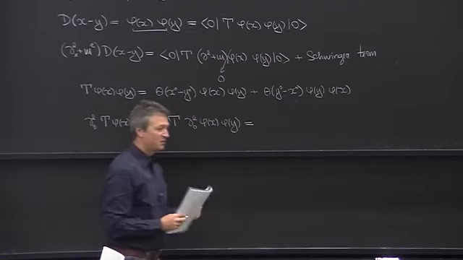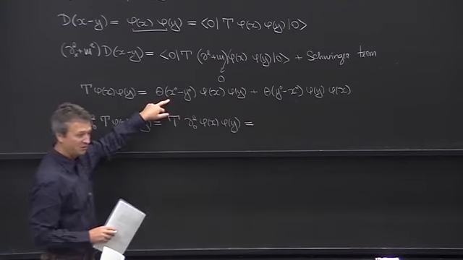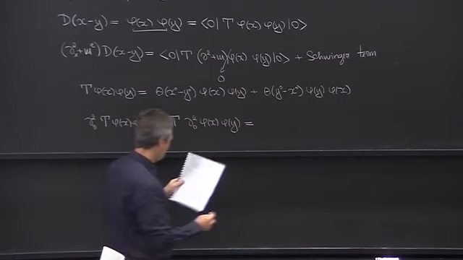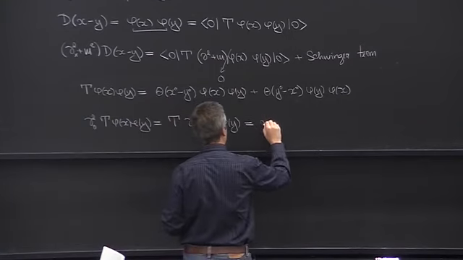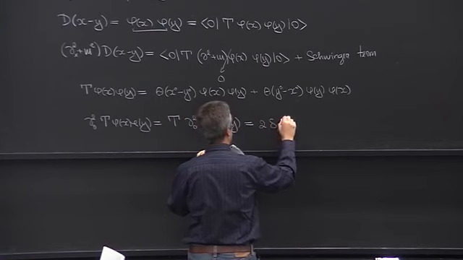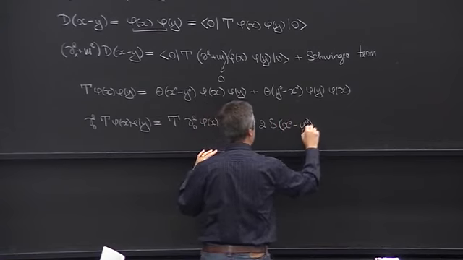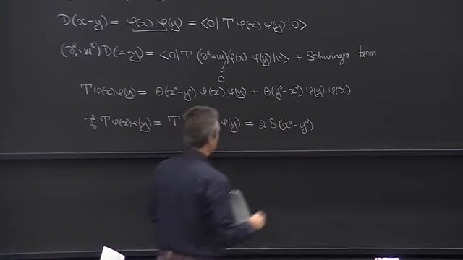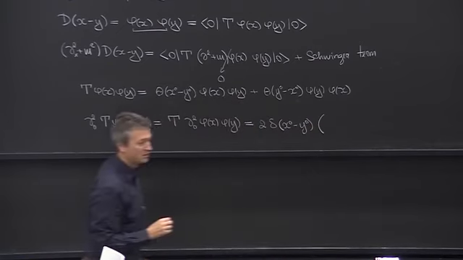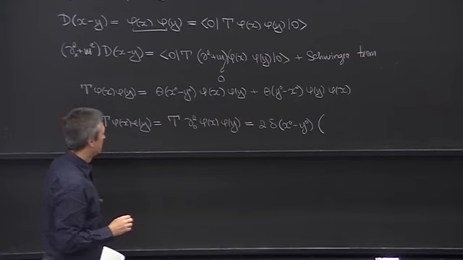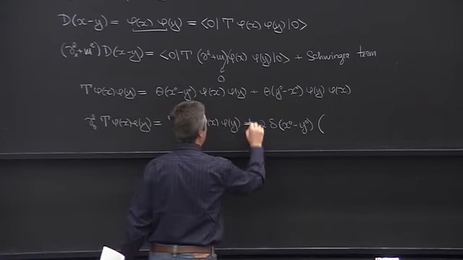And when we differentiate the step function, we get the delta function, right? So the derivative of the step function is the delta function. So what we get is delta of x0 minus y0. That's a plus, so thank you.